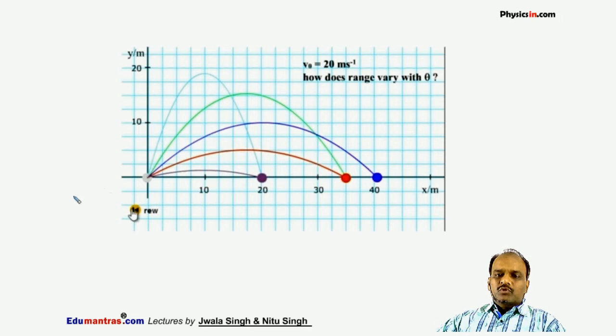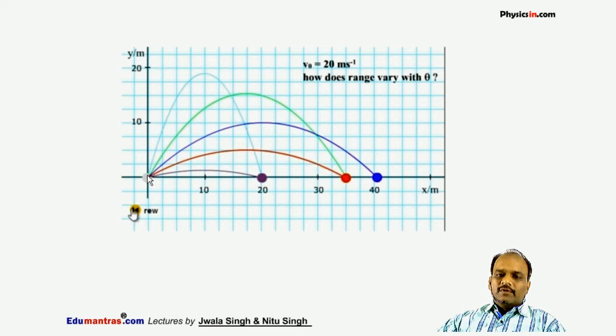Now if you watch the motion of this particle, and this particle will have the same range. If I increase the angle of projection, first the range, the horizontal distance increases. But if I go on increasing the angle of projection, it starts decreasing.